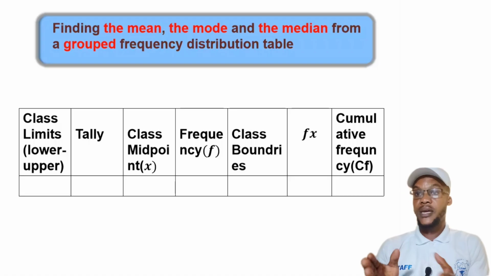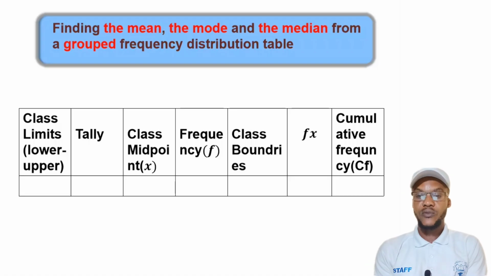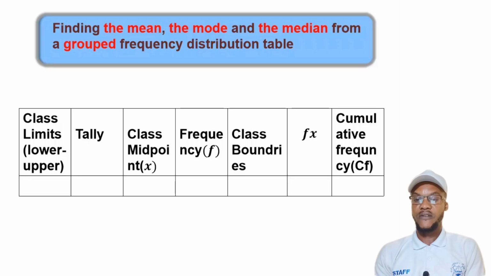Most of the time, the tally comes in when you are not given the frequency, but you are given raw data and you are to find the frequency. Note that not every time will your table have a tally. You might have a tally when you need to find the frequency, by using the strokes as we did in our previous lesson.